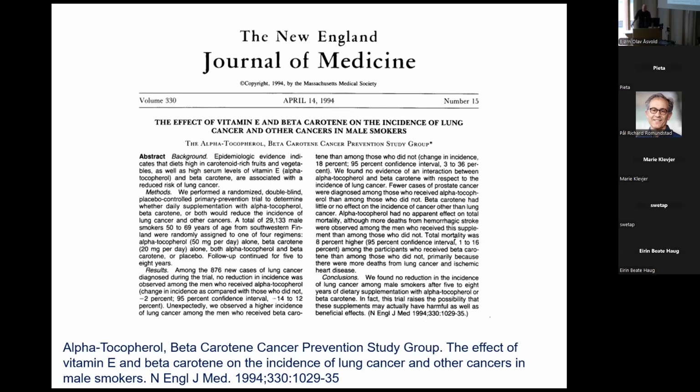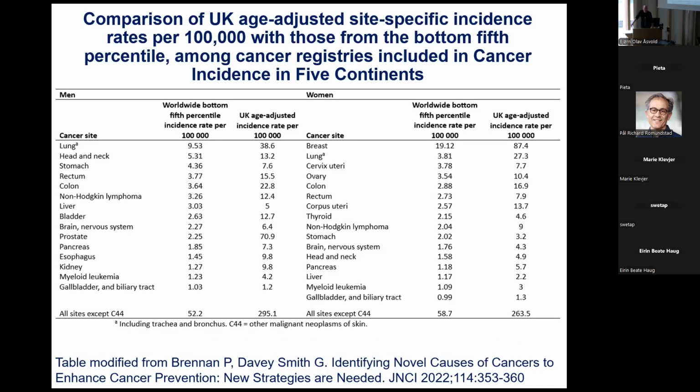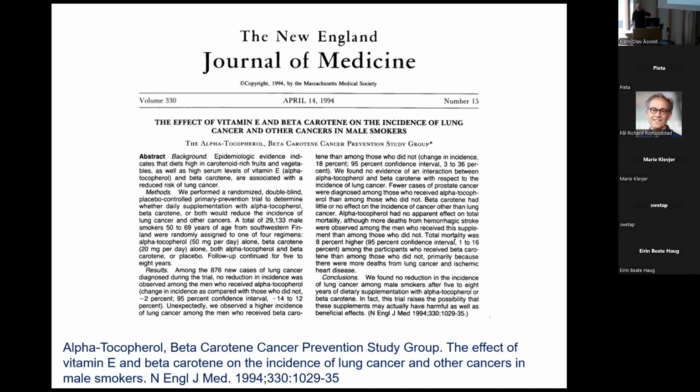They certainly did not show material reductions in cancer risk, and there were some hints of increases possibly with beta carotene supplementation. So that was disappointing, and of course many other disappointing dietary intervention studies followed.